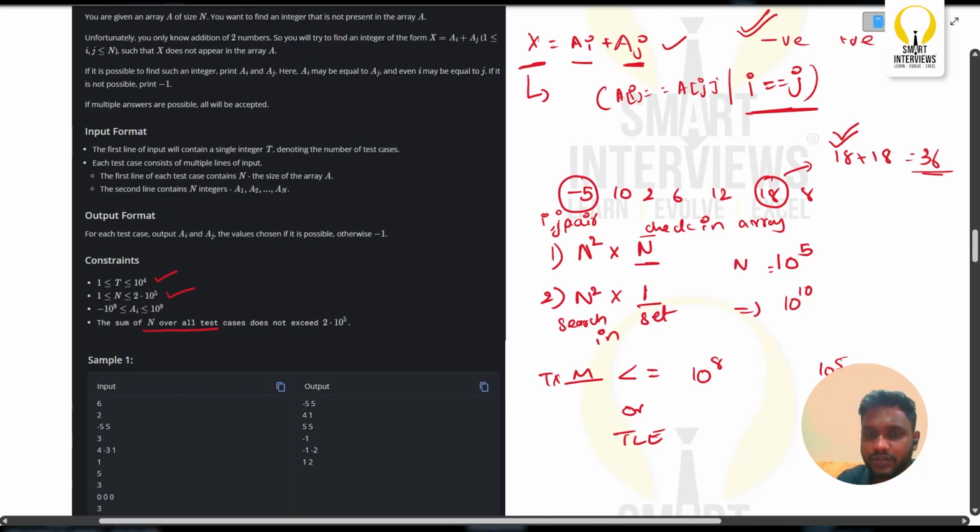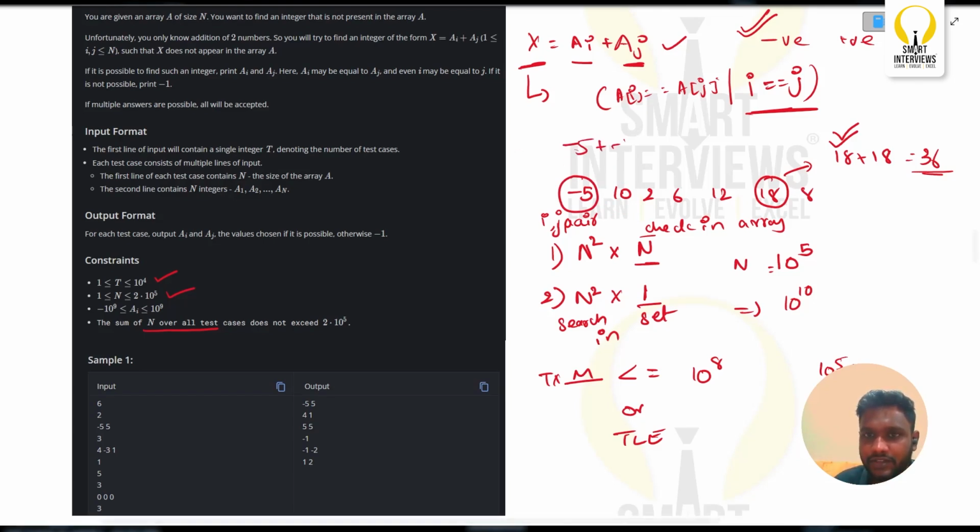If I do minus 5 plus minus 5, I get minus 10, which is less than the minimum element of the array, so we cannot find minus 10 either. So all we have to do is take care of these two cases: pick the maximum or minimum element and print the pair, because 18 plus 18 or minus 5 plus minus 5 we don't find in the array.